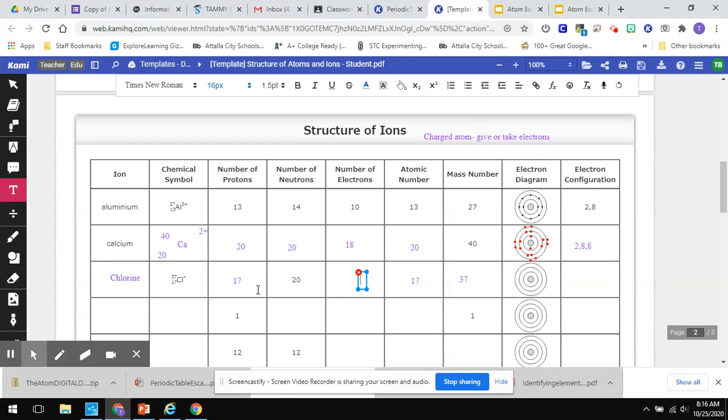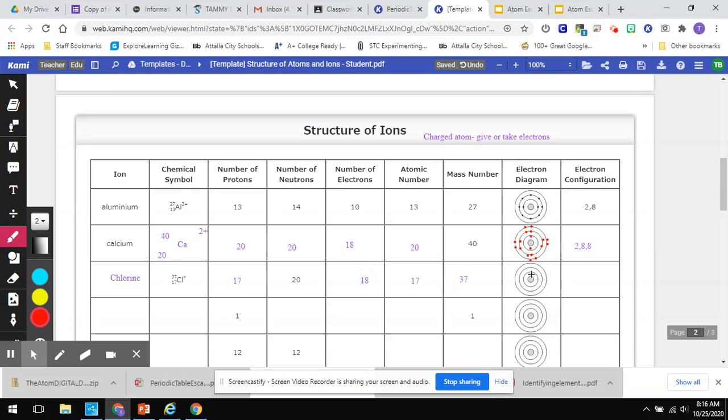So if it adds an electron to its count, it had 17 protons, so it will have 18 electrons. So look at this. They're going to have the same ionic diagram because they both have 18 electrons. So that means the first orbital will have 2, and then the second orbital is going to have 8.